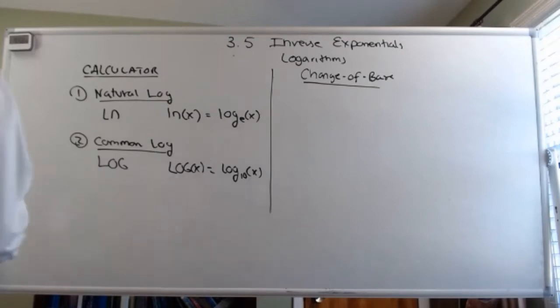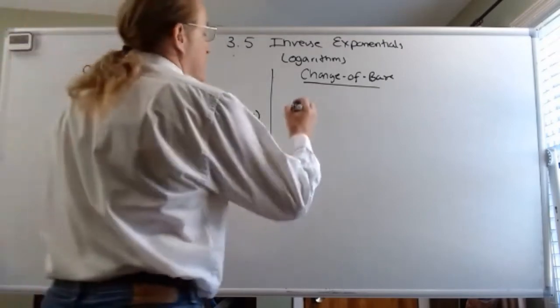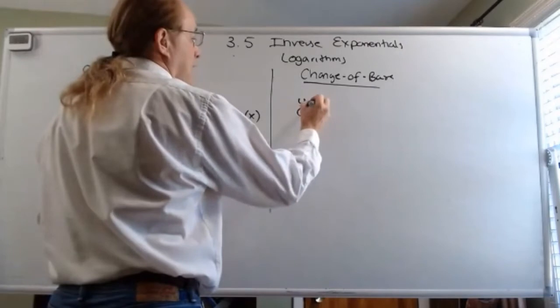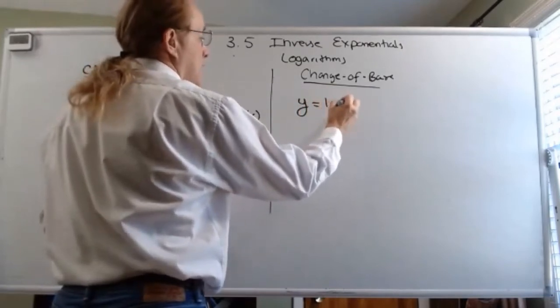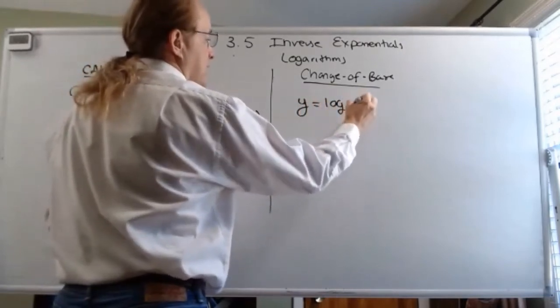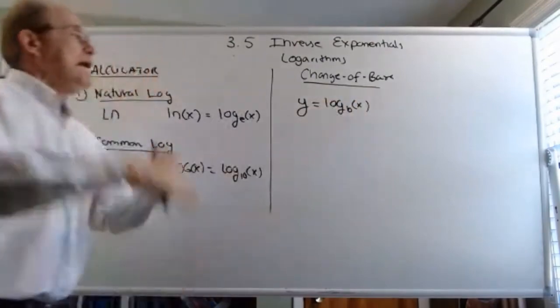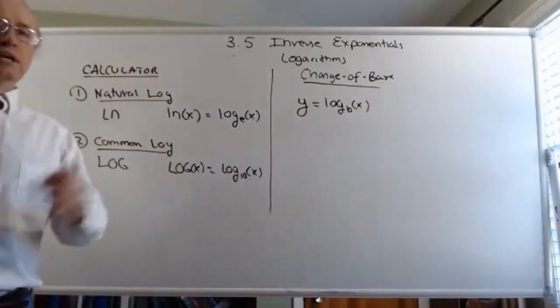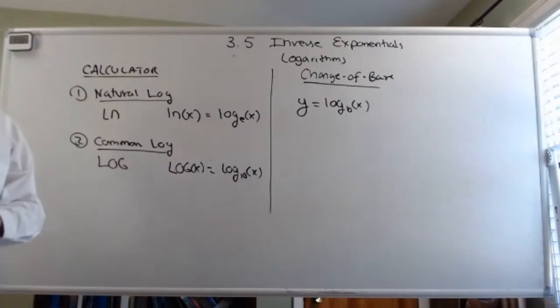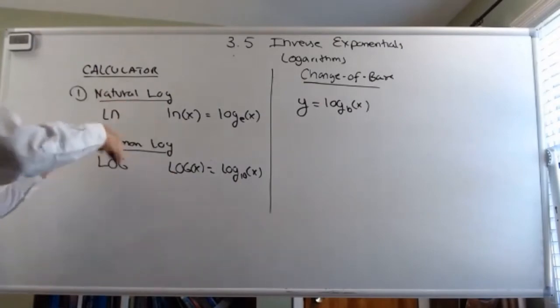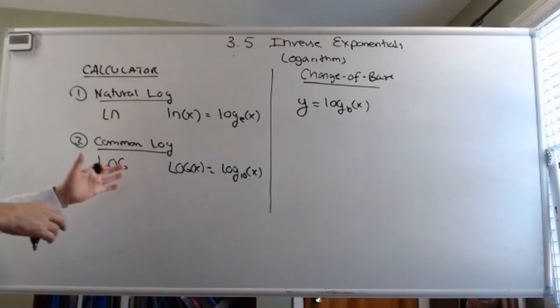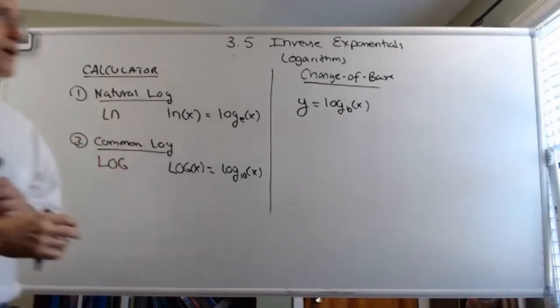So let's say in general we have y is equal to the log in the base b of x. So b is any base, 2, 3, whatever base you want. We're going to start with that and see if we can in some way work with these other log buttons to be able to find values.